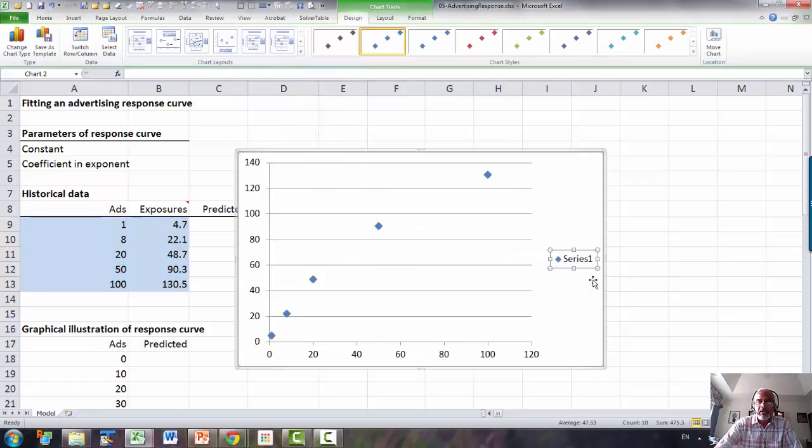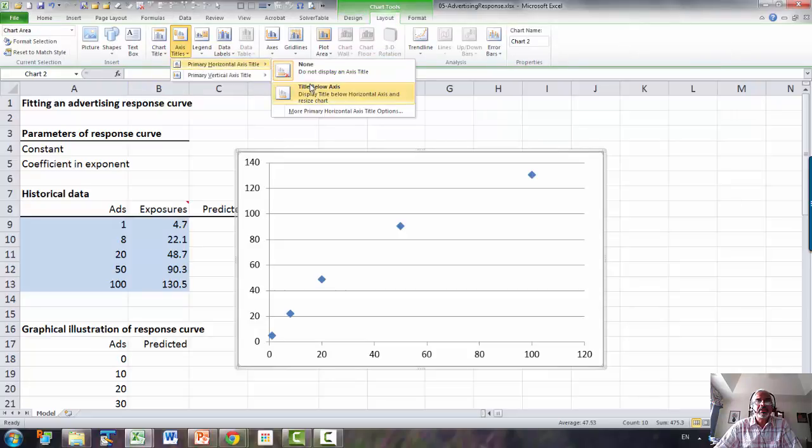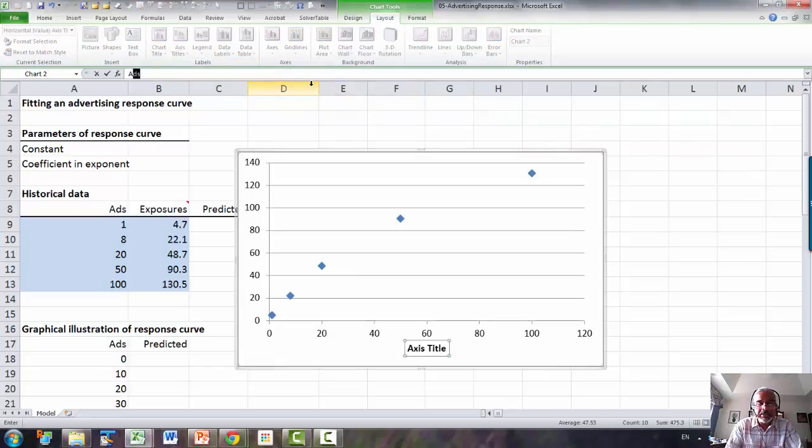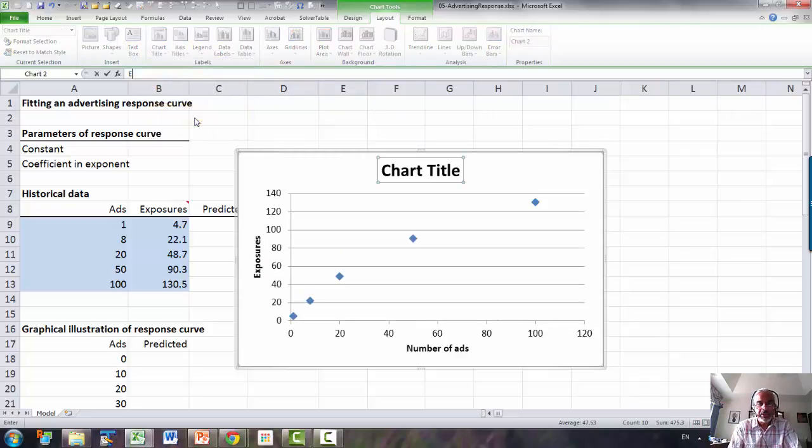Here the x-axis is number of ads, the y-axis is exposures, and the chart title is exposures versus number of ads.